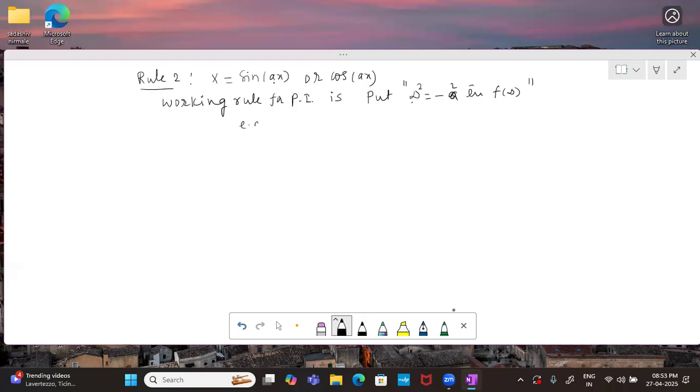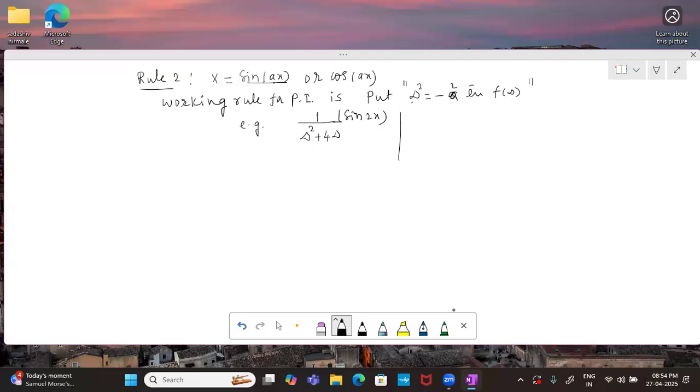For example, 1 upon D square plus 4D operating on sine 3x or sine 2x, suppose.